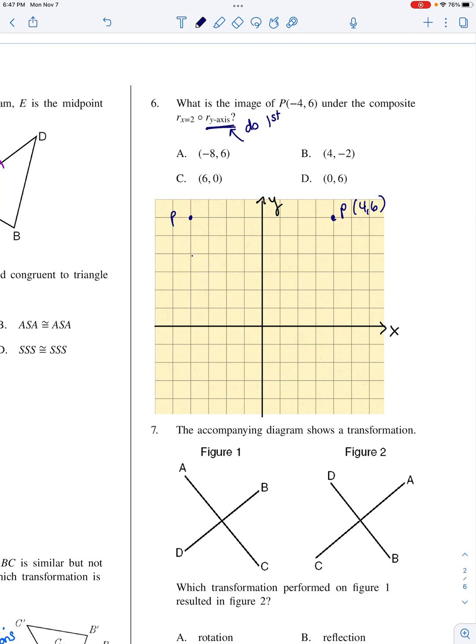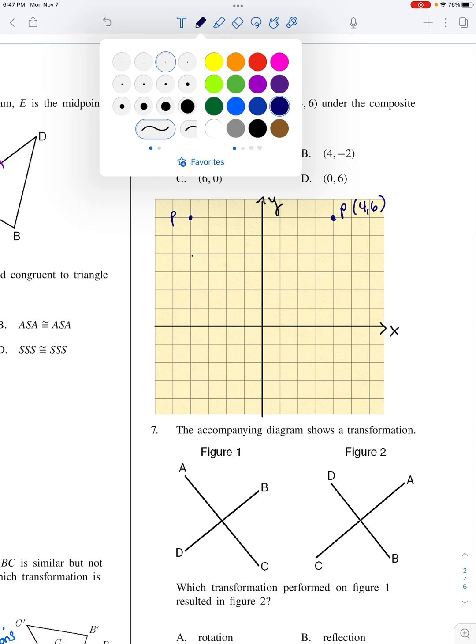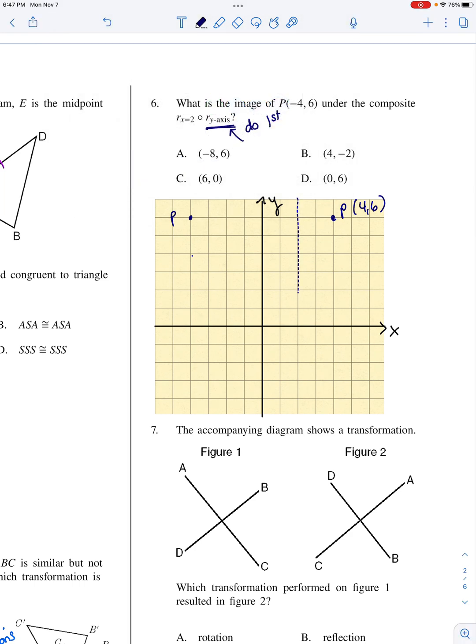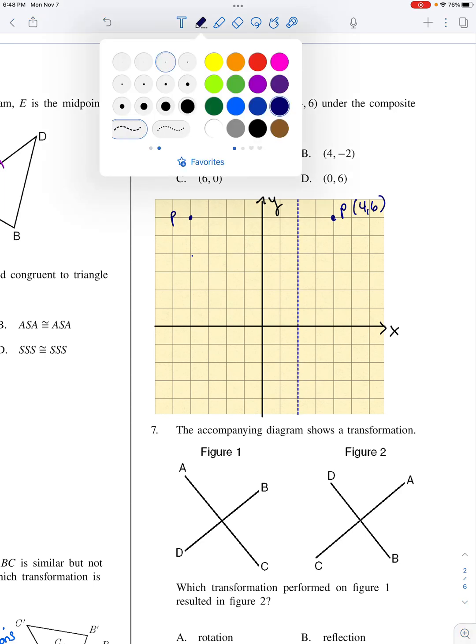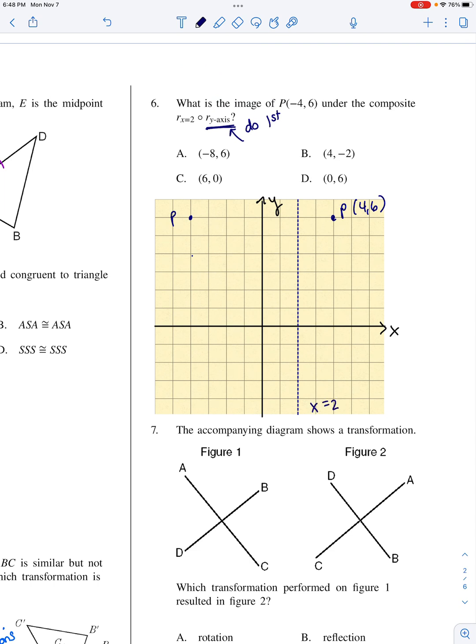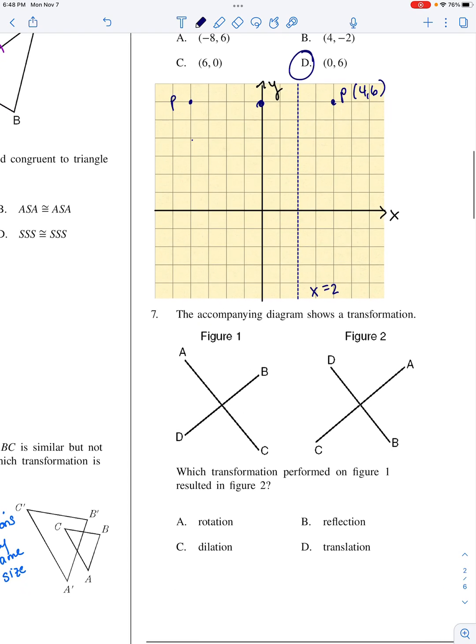But now we have to go over the line x equals 2. Well, x equals 2 is a vertical line that hits the x-axis at 2. So when you go over that line, you get to here, 0, 6. Choice D. That one was kind of hard.